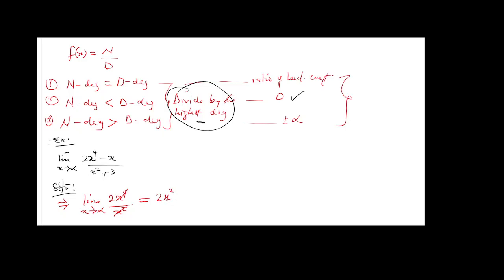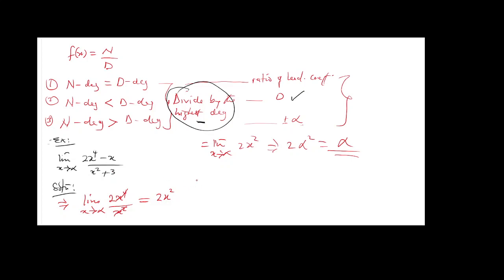So as x approaches infinity, we have 2 infinity squared, which will still give us infinity. So we see when it is top heavy, the answer is always plus or minus infinity.